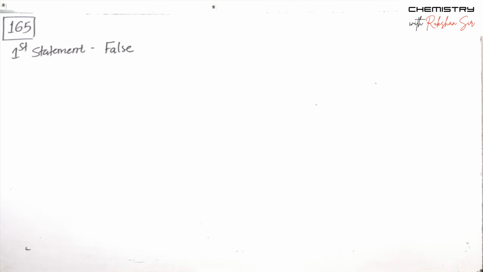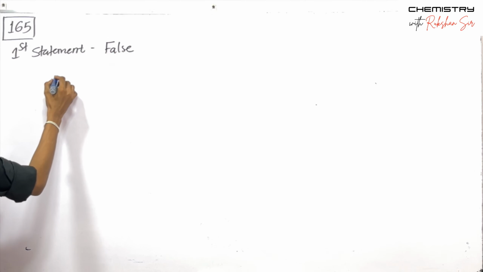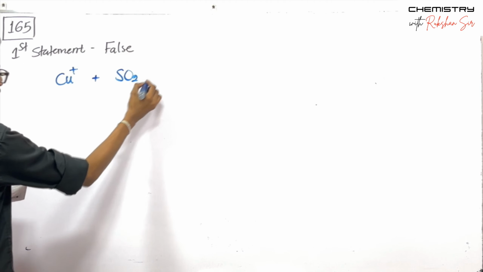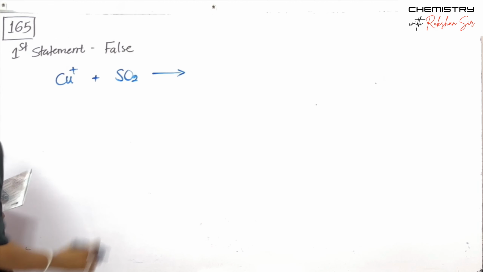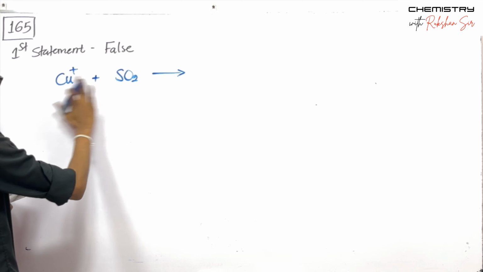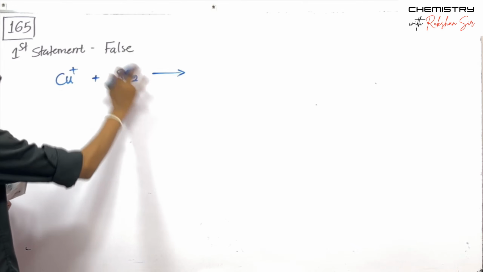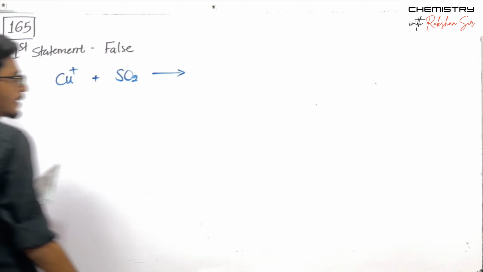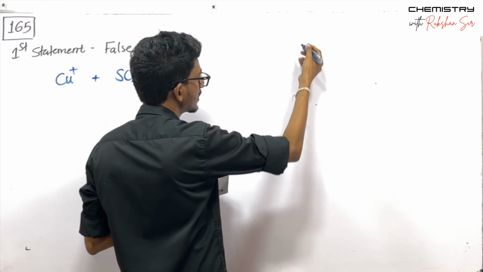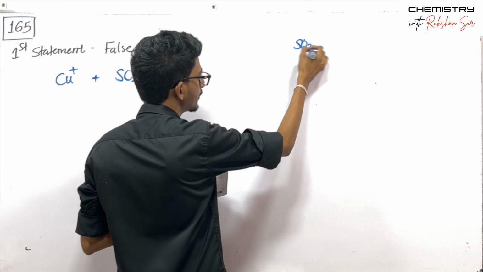What happens with the two situations? If you are coming up with copper 1 plus, that will react with the SO2. SO2 gas in aqueous solution provides SO3 2 minus ions to the solution, right?